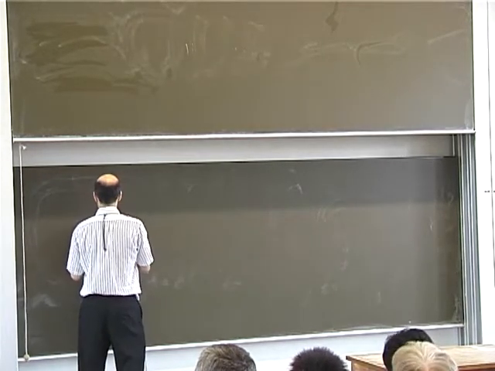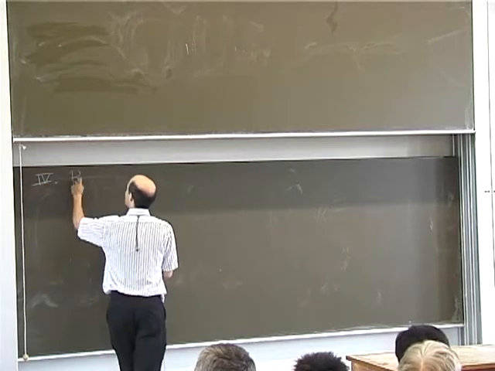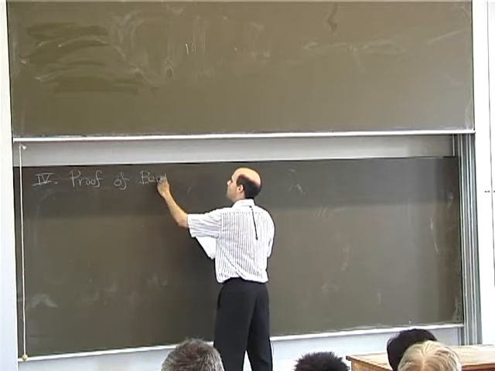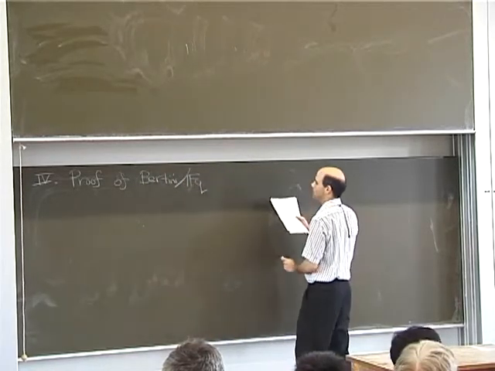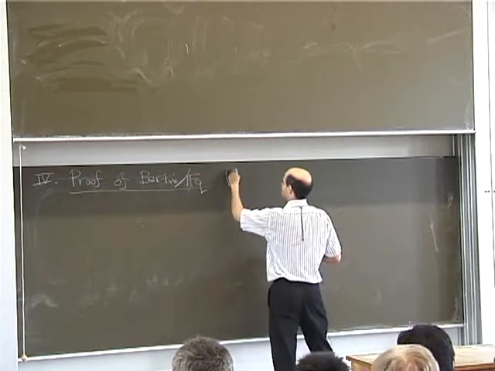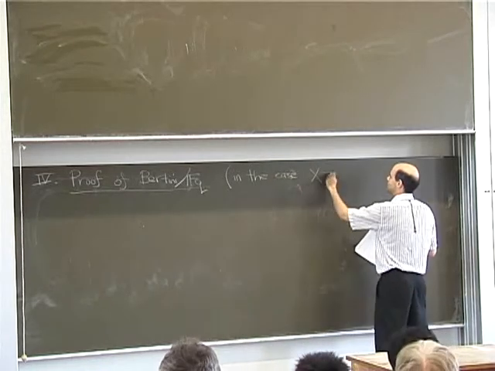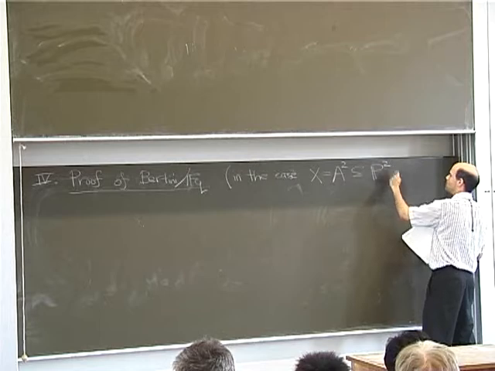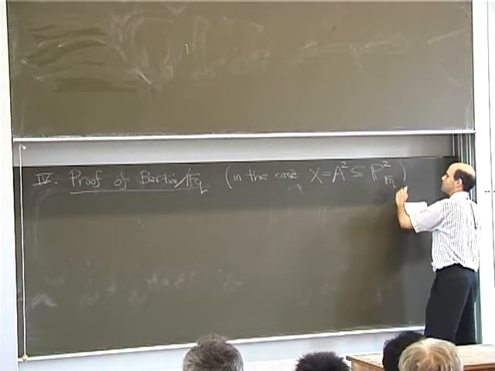But actually, let me do something that's slightly easier. So this is the proof of the Bertini theorem over F_q in the case where, for simplicity, X is A^2, the affine plane inside P^2, all over F_q.